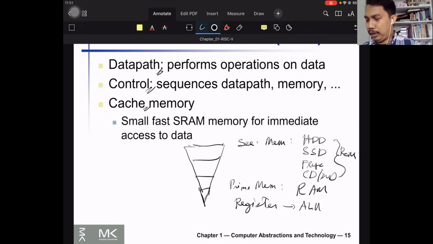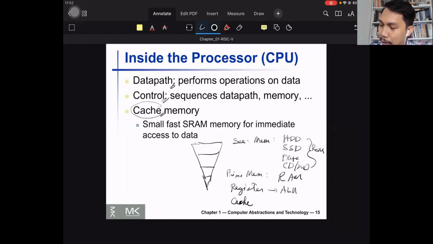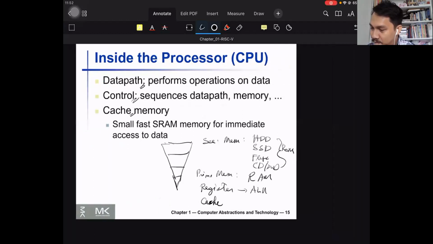Then on top of registers, we have cache memory. Aside from secondary and primary memory, which are the RAM and ROM, there are registers and caches. Cache is a familiar term that will come up in our study of computers. It's related to memory.